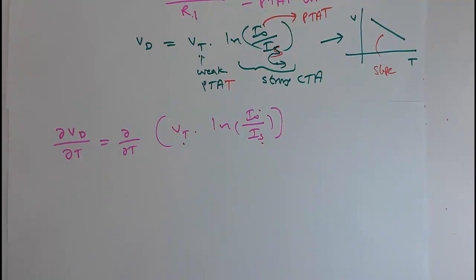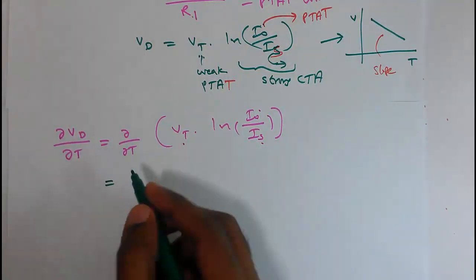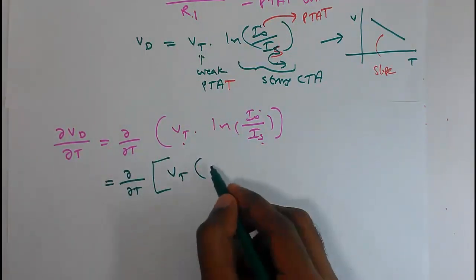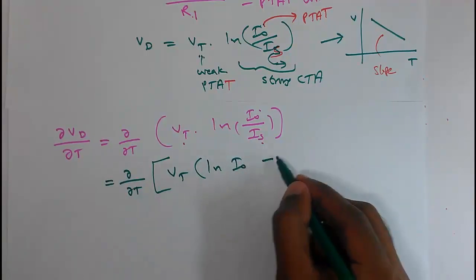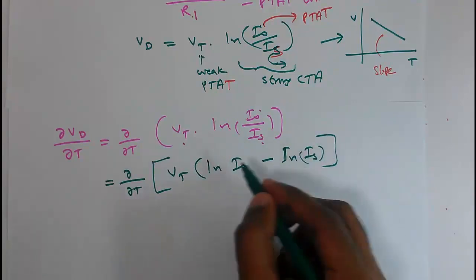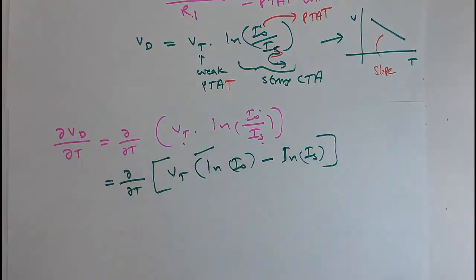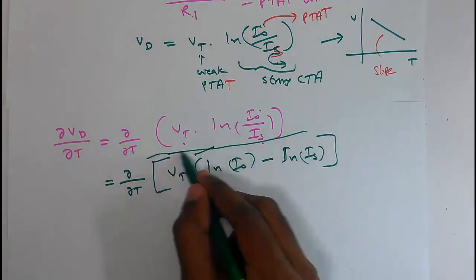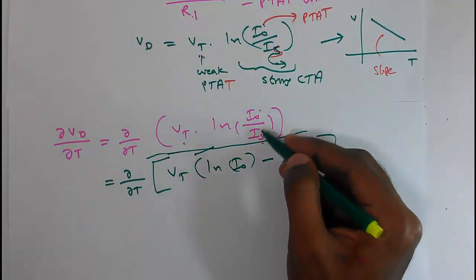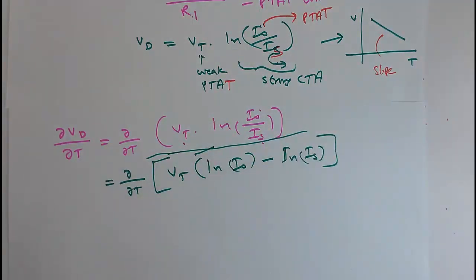To make the differentiation easy, I am writing it as ∂/∂t of Vt into (ln I0 minus ln Is). We know ln(A/B) we can write as ln A minus ln B. So the ratio is removed and it is a subtraction now, so it is easy to differentiate.